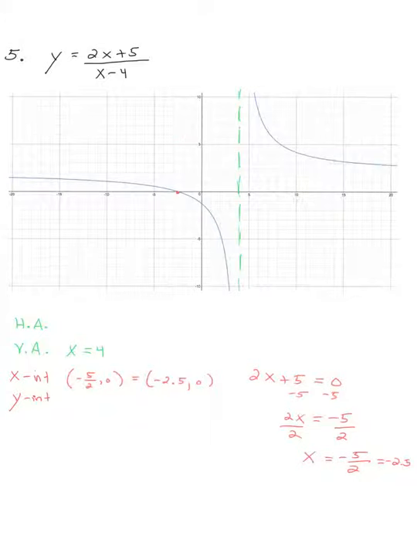All right, two other things. The y-intercept should be the ratio of these last two terms. So that should be (0, -5/4). And that seems to make sense. That's right here. It's a little bit less than -1, so that matches up. But this time, for the horizontal asymptote, we don't get 1 because the ratio of the numbers in front of the x's is actually 2/1.